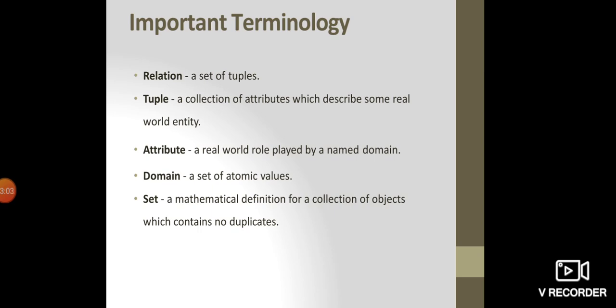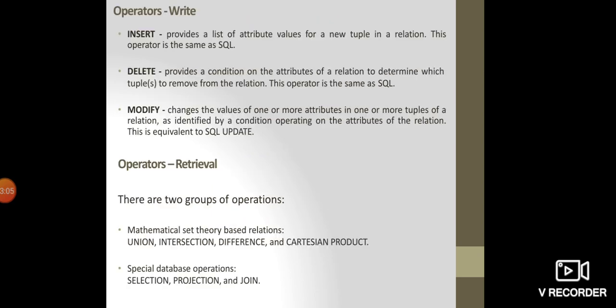Going back, what are the operators concerned with write? There are three operations: insert, delete, and modify. There are operators concerned with data retrieval, and this is what you're going to learn. Operators, that is union, intersection, difference, and Cartesian product, are concerned with mathematical set theory based relations.